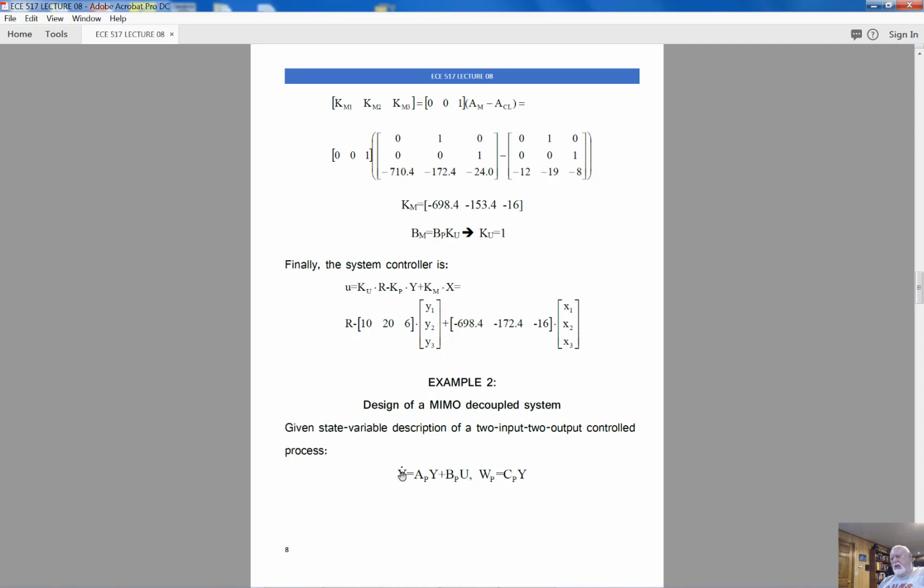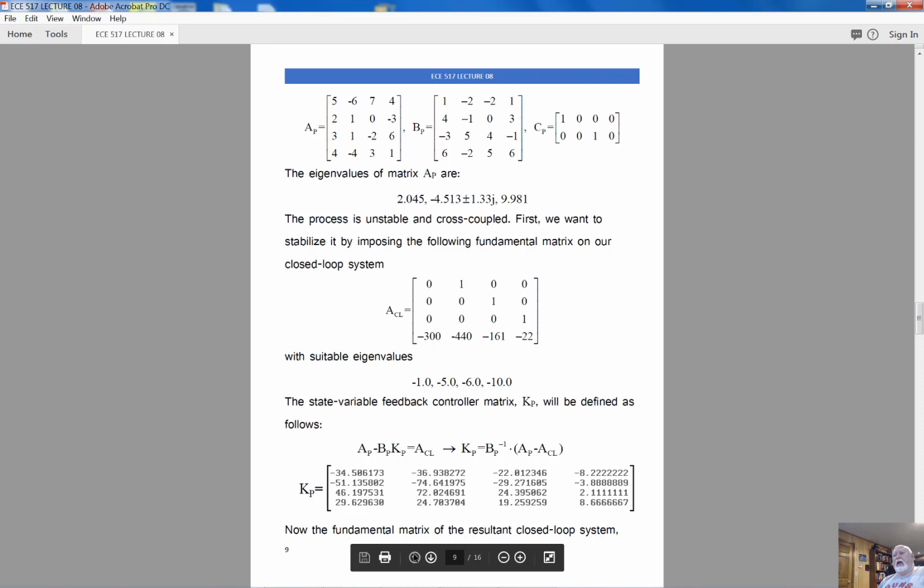This is state vector of the controlled process, the fundamental matrix of the control plant, state vector, matrix B of the control plant, and input control effort U, and this is the output vector of the control plant. It's important to show you the numerical definition of these matrices. Look, this is a fourth order system.